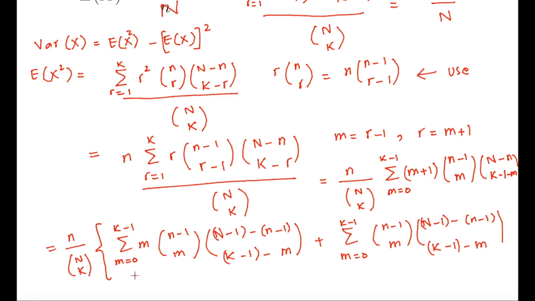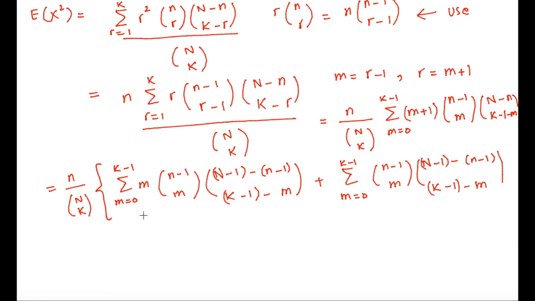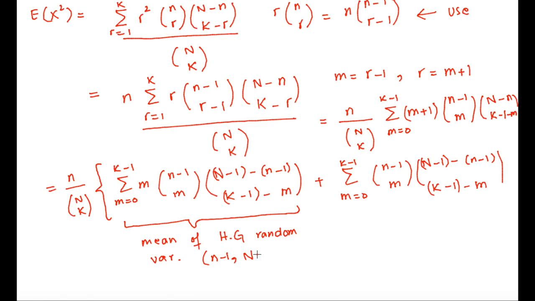Okay, now what is this guy? Now this is a hypergeometric distribution without the denominator, of course, but it's a mean of that, right? So this guy is the mean of a hypergeometric random variable with parameters m minus 1, n minus 1 and k minus 1.